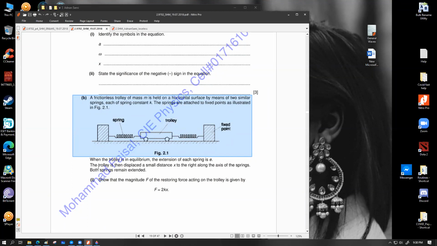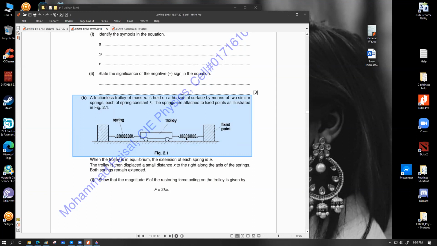It says the trolley is then displaced a small distance x to the right, so we have moved it to the right along the axis of the springs. Both springs remain extended. It means even when you move this object to the right by x distance, this spring is still extended, which means we did not move the trolley by e. We moved the trolley by a length smaller than e. Get this information first.